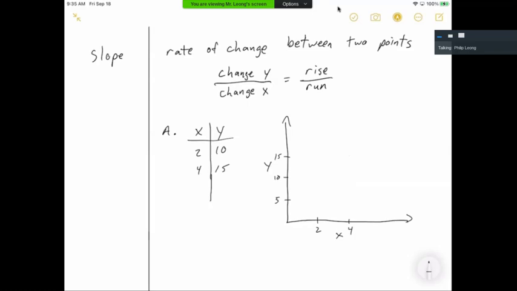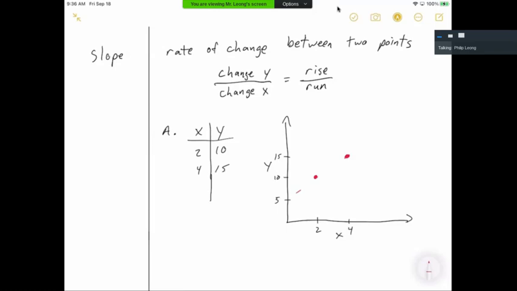All right, and then let's go ahead and graph. I'll use a different color for you guys. 2, 10, 4, 15. And then once you have those 2 dots, just connect the dots.